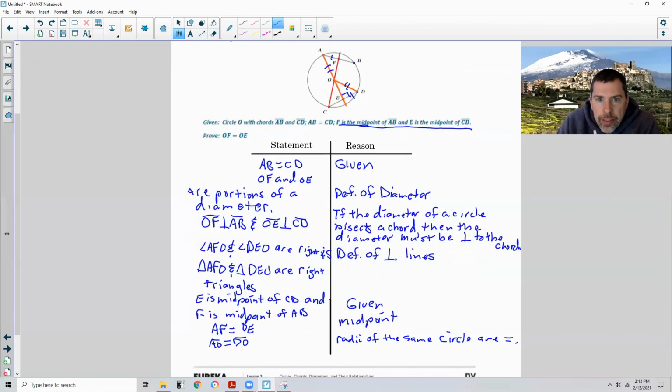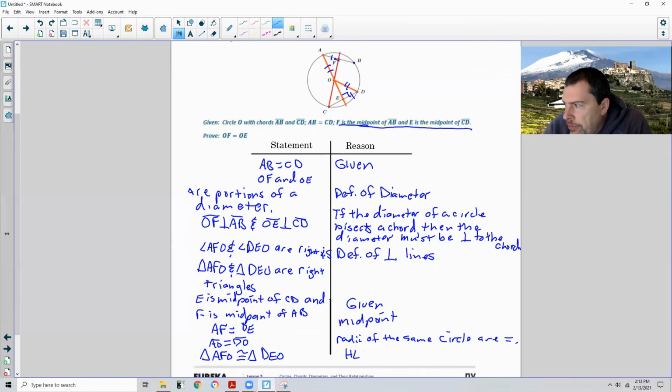So we also said that angle AFO and angle DEO are right angles. So we have a right triangle and a right triangle, because that's the right angle there. And we have a leg, we have a hypotenuse. So now I can say triangle AFO is congruent to triangle DEO. The reason is HL.